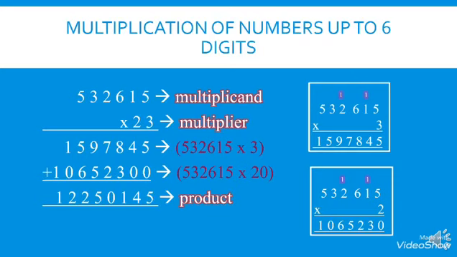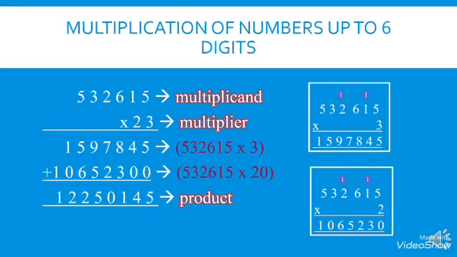Now we start the multiplication. We write these values vertically. We start the multiplication in the first step with 3, at the unit place of the multiplier. We always start with the unit place of the multiplier.